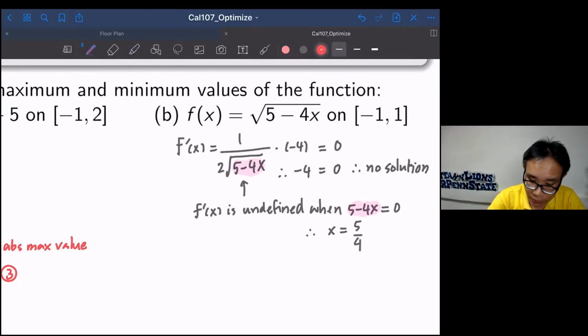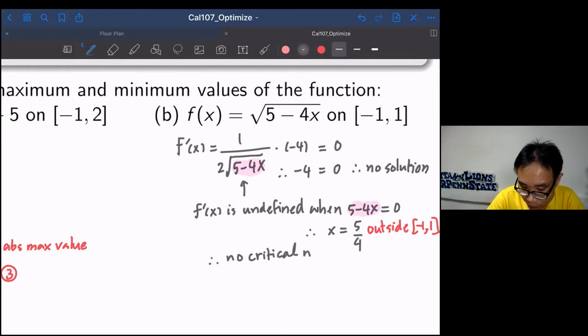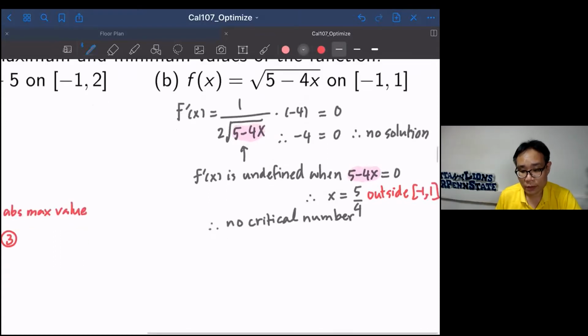However, this is outside negative 1, 1. So we reach the conclusion that we have no critical numbers in this case.